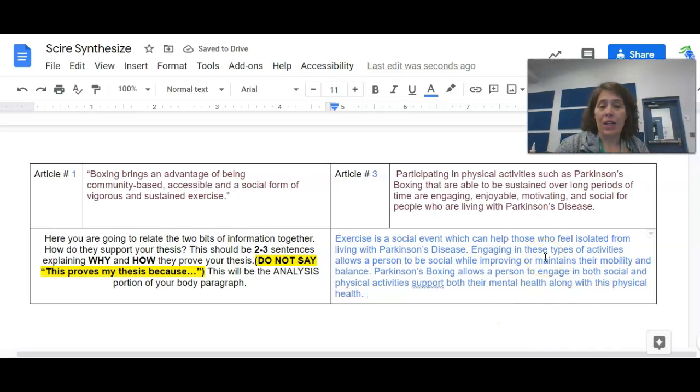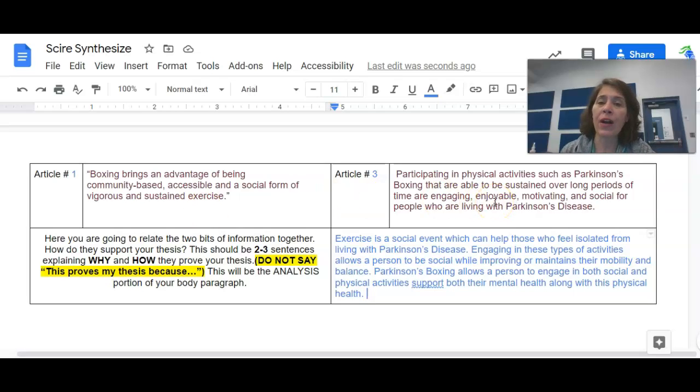So what I did here was I read both of my quotations, well, my quotation and my paraphrase. These are from two different resources. Boxing brings an advantage of being community-based, accessible, and a social form of vigorous and sustained exercise. That's going to be in my paragraph.